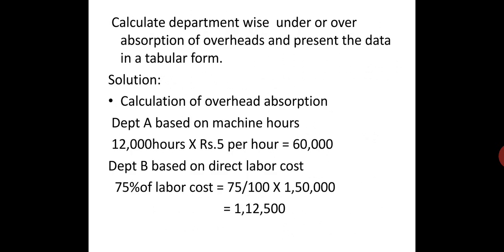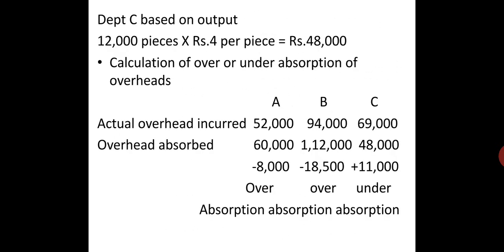For department B, based on the direct labor cost, it is 75% of 1,50,000, that is 1,12,500. For department C, based on output, it is 12,000 pieces into rupees 4 per piece, rupees 48,000.